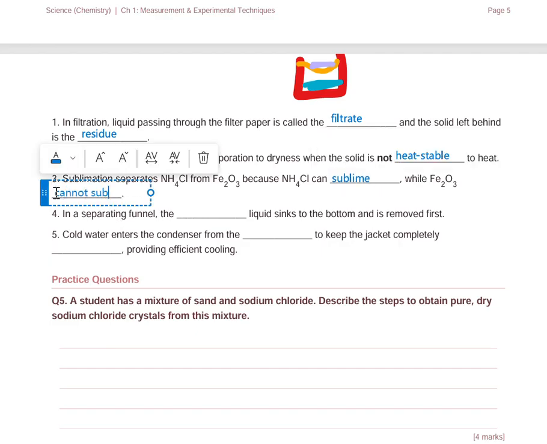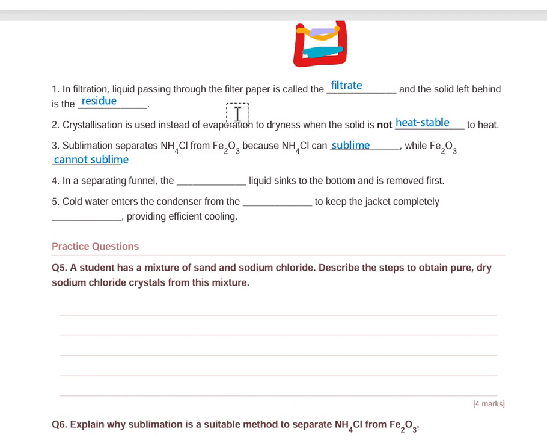The basic meaning of sublime is solid to gas directly. If you cannot sublime, you usually have to go through the steps: gas, liquid, solid. But sublime is just gas immediately to solid, or solid immediately to gas. It just works that way.